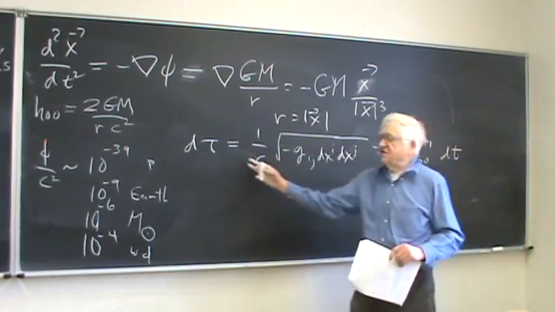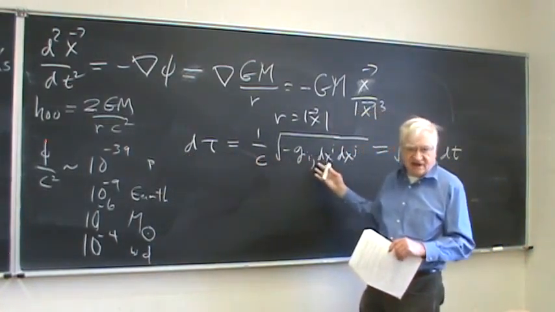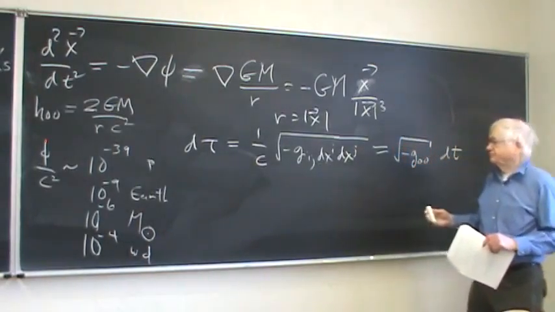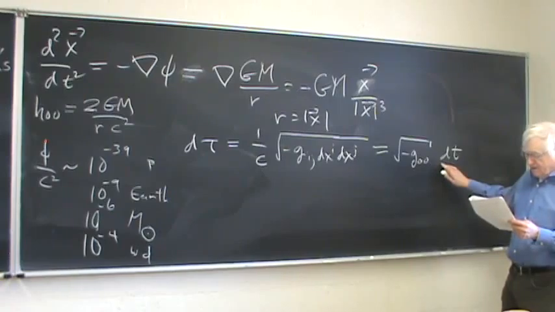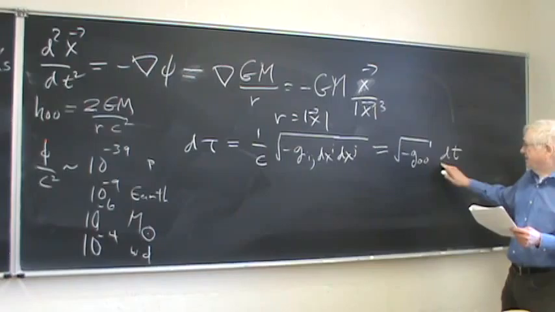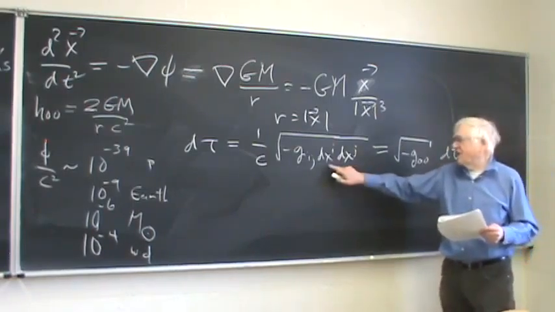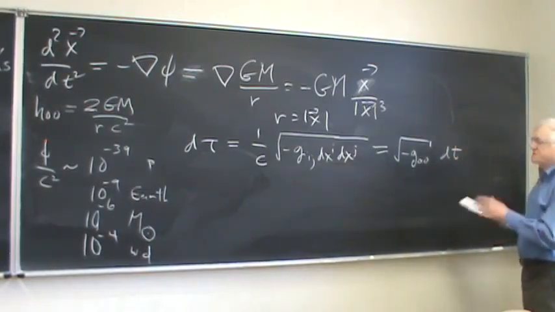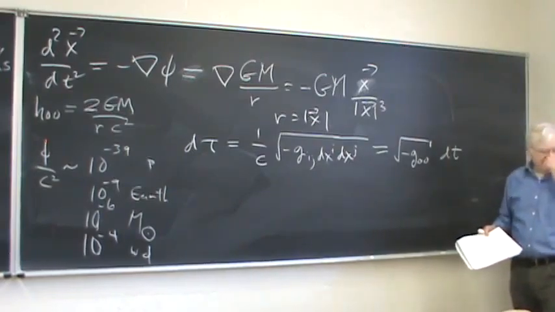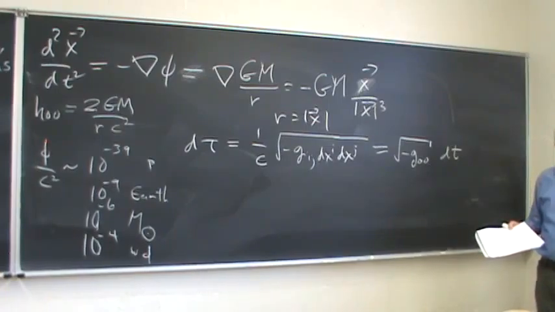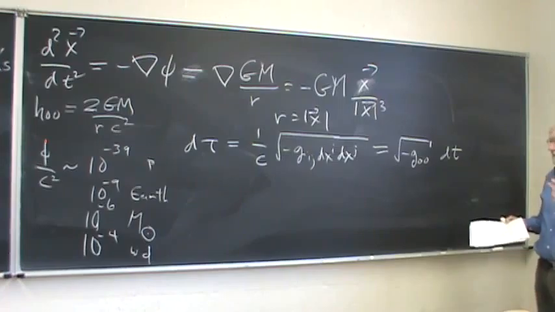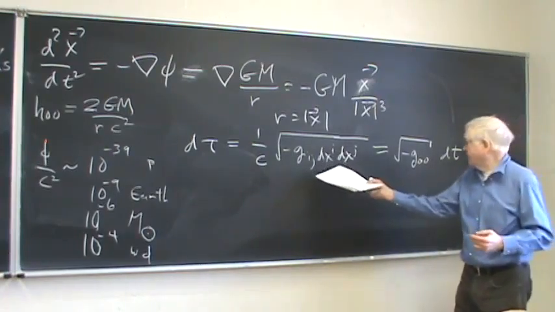So in other words, c d tau is dx0. So in other words, what we've got here is, in one set of coordinates, the spatial dx are 0, and we only have a dt. And in the other coordinates, we have all these things happening.